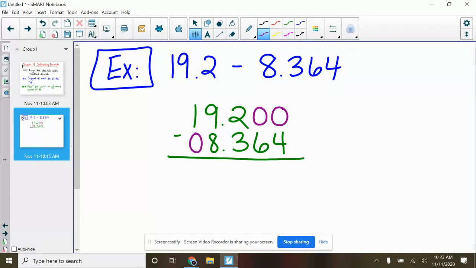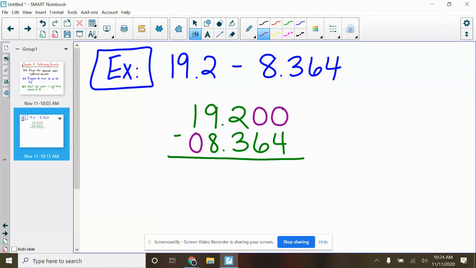You're not even going to know what you need to borrow until you have found the place that has something to give. What place in this problem has something to give? The tenths. So once I've found that place, I'm going to cross out my 2.